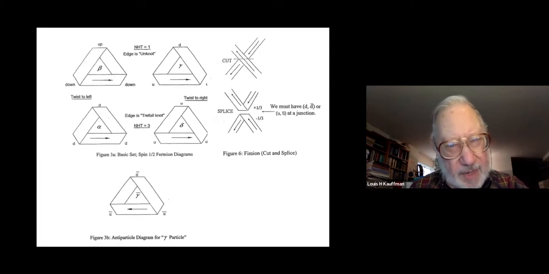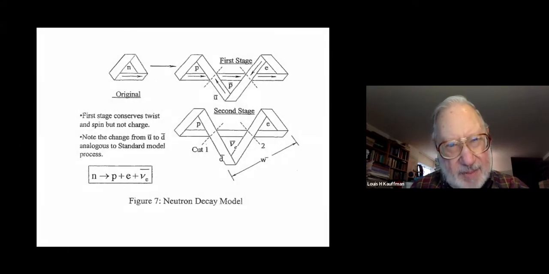Depending on the ups and the downs, there are different things that you could attribute to it. And so he starts with the topology of Mobius bands and uses them as diagrams for particles. Interesting idea. And then he can have particle interactions like this.